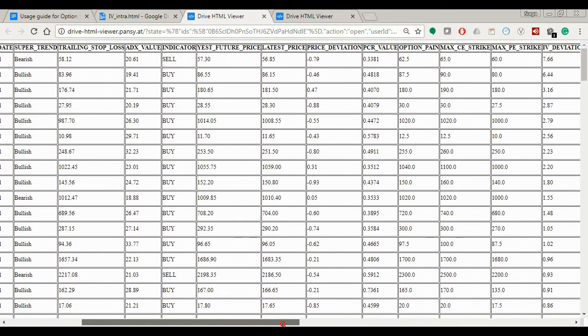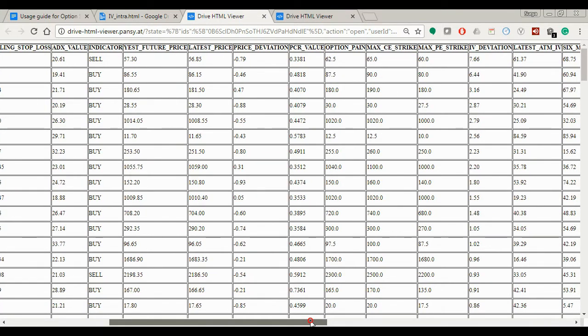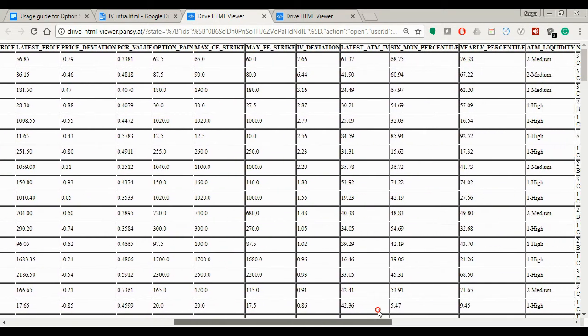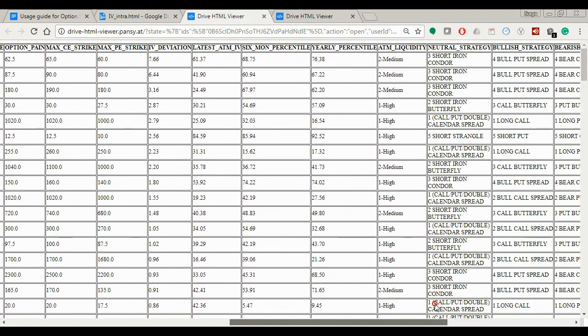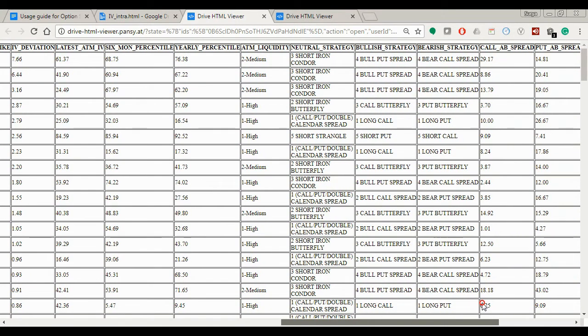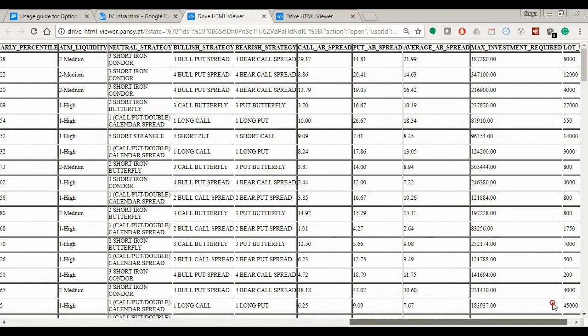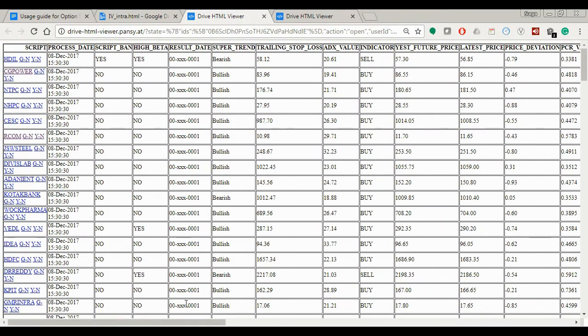Those things are taken here, and the rest remains the same, but the order is a little bit shuffled compared to EOD. All the other things remain the same, the GN or YN, the Google News, Yahoo News, everything else.